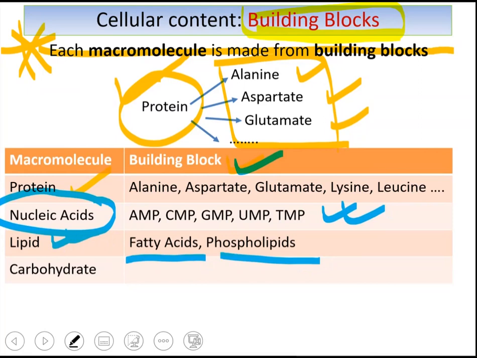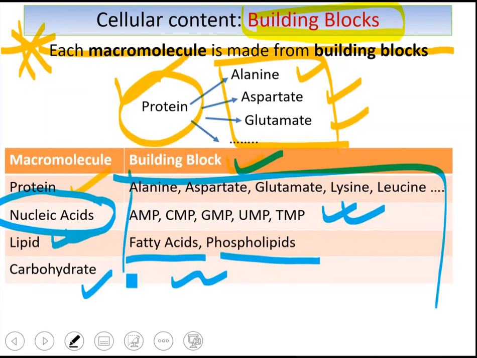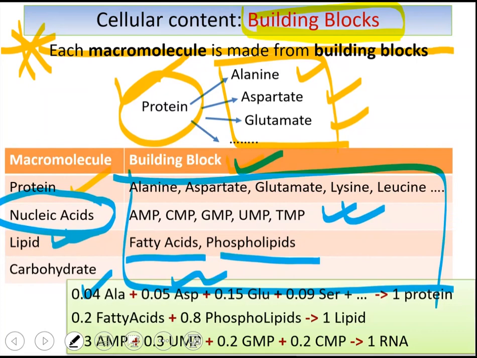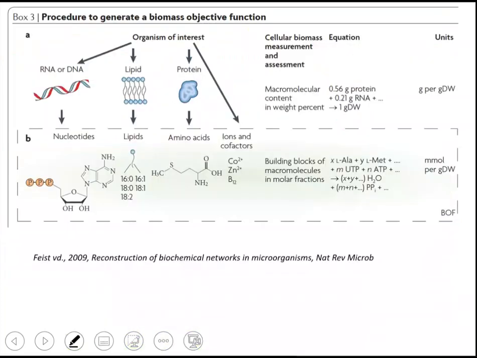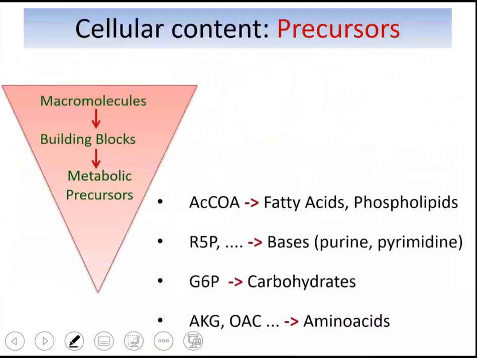So fatty acids and phospholipids come together to make lipids. And for carbohydrates, we also have other smaller molecules that come together to make carbohydrates. So these are called building blocks.